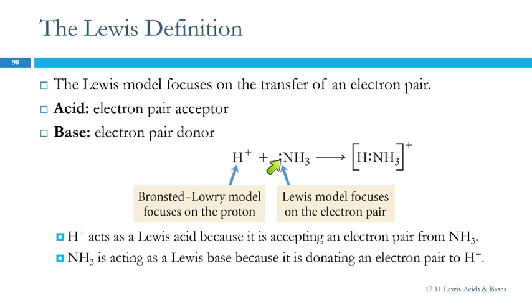And so this lone pair is what can bond with the proton from the acid. So this is accepting a hydrogen ion. What it's doing, though, is it's donating the electron pair to the hydrogen. So the Lewis model is focusing on the electron pair.